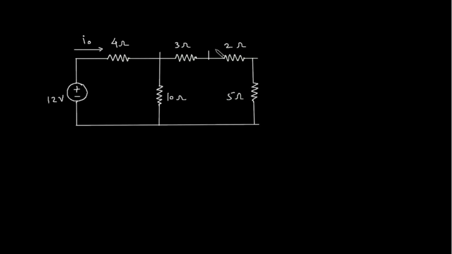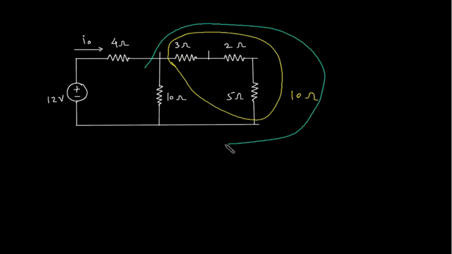So this will be 10 ohm. Now this 10 ohm is in parallel with this 10 ohm, so this will be 5 ohm. Now this 5 ohm is in series with 4 ohm, so resistance is 4 plus 5 equal to 9 ohm.